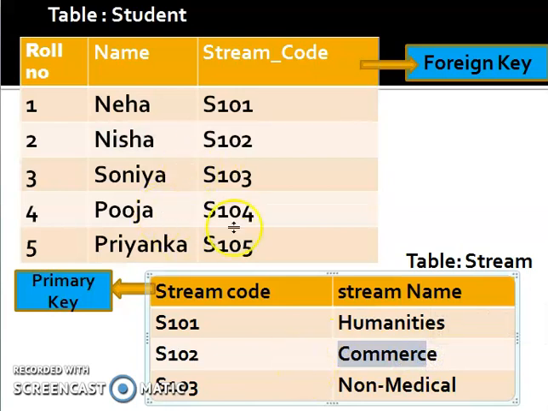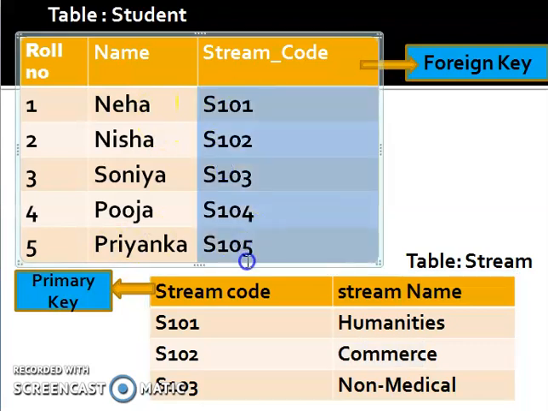More than one student may take the same stream: more than one student may take humanities, and more than three students may be studying non-medical. So it might occur more than one time.